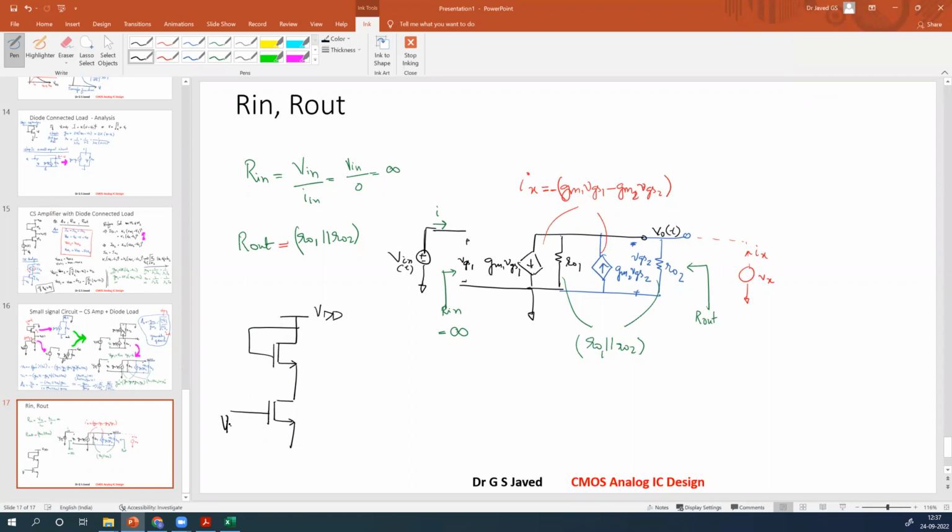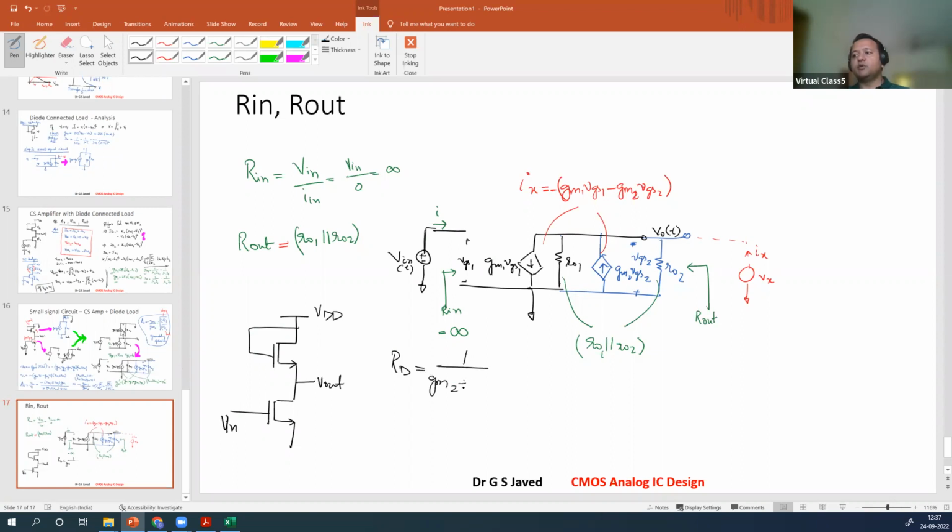So V in, I'll be fast, V out. For the diode connected load, your RD will be given as 1 over GM2 plus GMB2. Why GMB2? Here your bulk is connected to VSS. Here your bulk is connected to V out. So there is a non-zero value. So this non-zero value is captured as GMB. Effectively, your gain will get impacted as minus GM times RD.